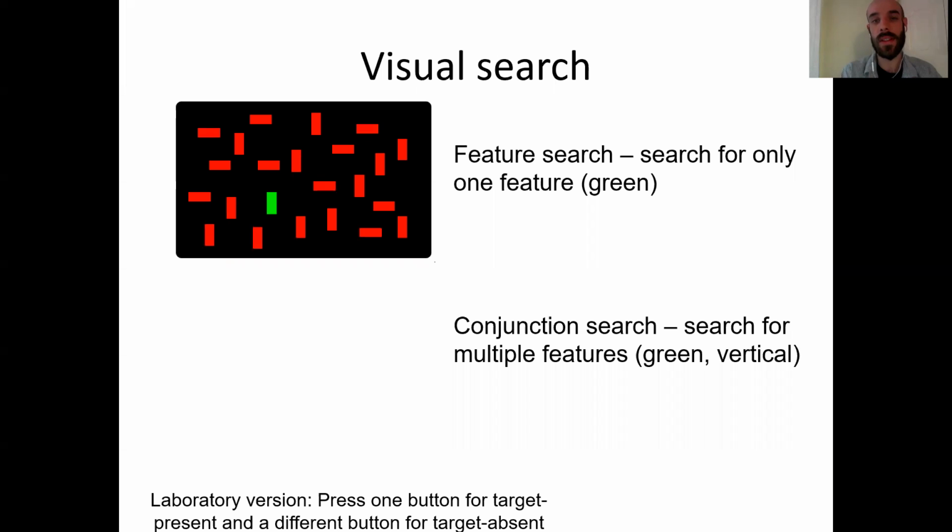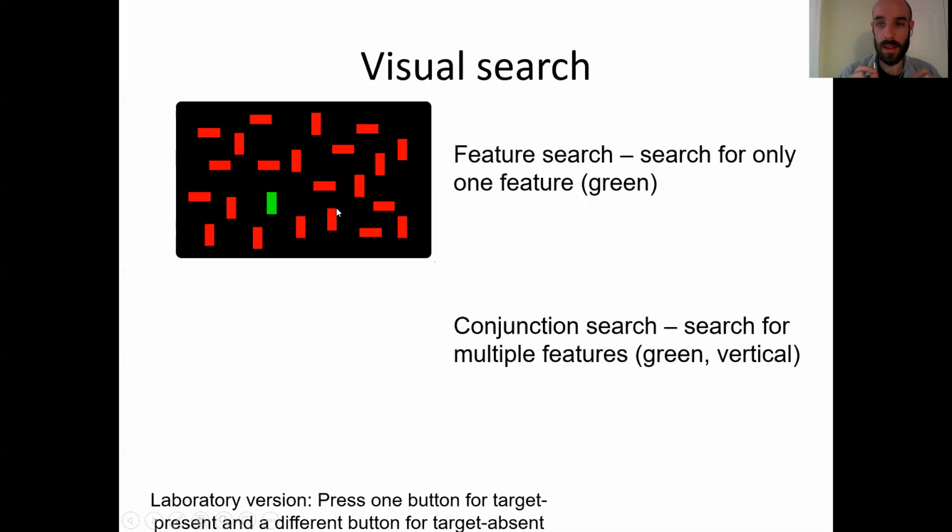Okay, so we have names for these. So the one example where you only have one feature difference between the target and the distractors, that's called feature search because there's only one feature. So I only needed green to find it.